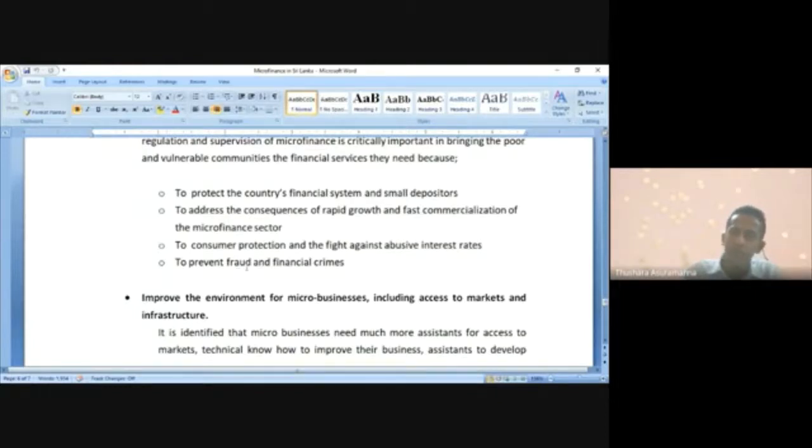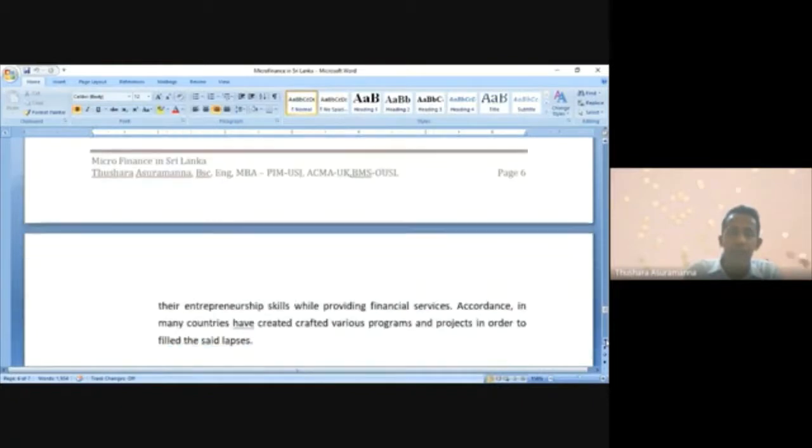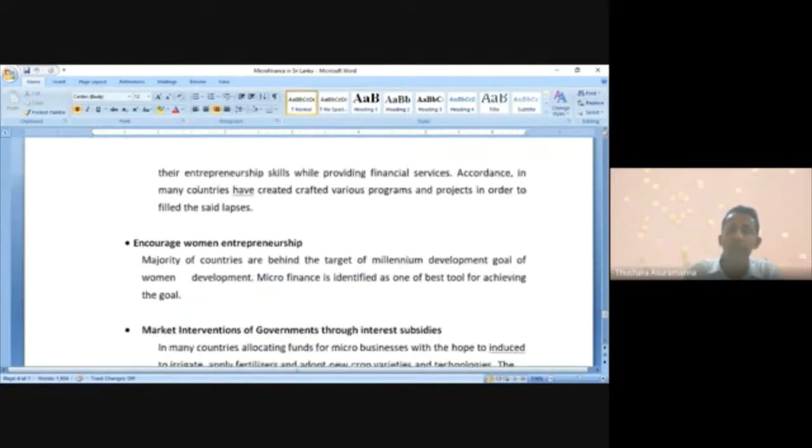Especially the IT involvement. And then women entrepreneurship is another challenge or concern, because one of the objectives of microfinancing is to encourage women's participation in business. That's not easy to do, because so many other factors come in. There may be some myths, like women can't do business.